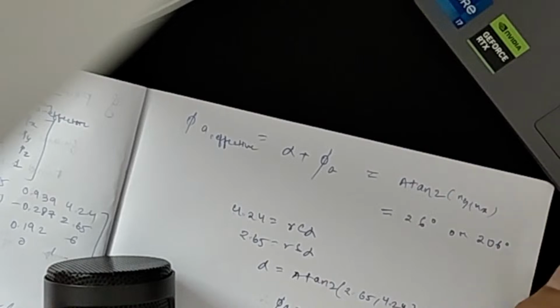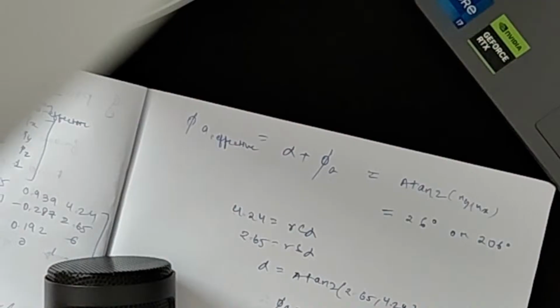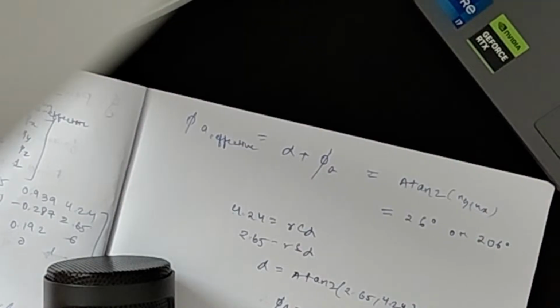And then phi o is atan2 of minus nz comma this.